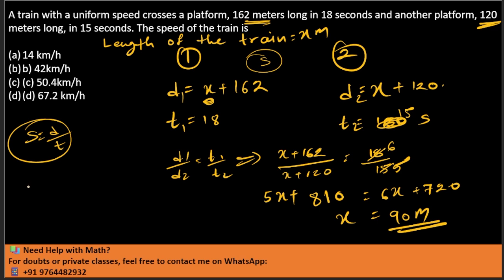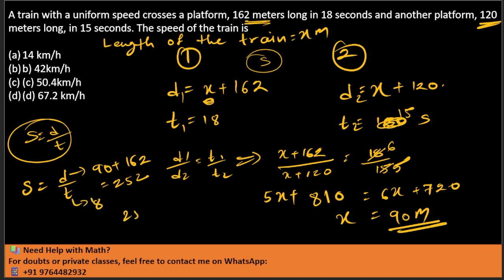Now we need to find the speed. So I can use any of the cases. Speed is equal to distance upon time, and distance is equal to x plus 162, that means 90 plus 162, so it will be equal to 252, and time is given, that is 18.